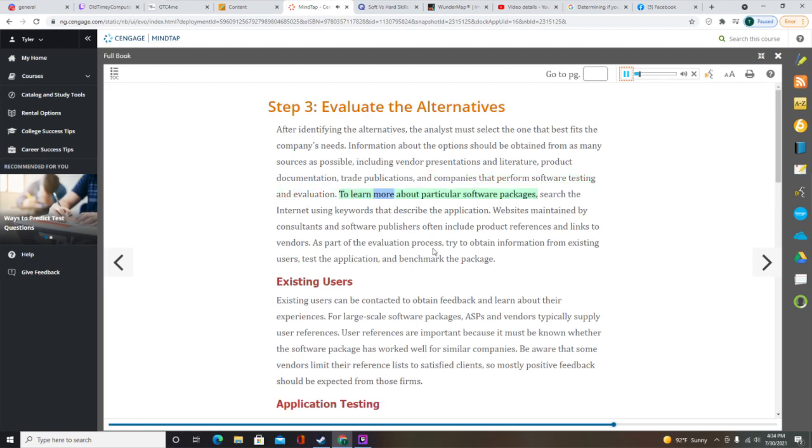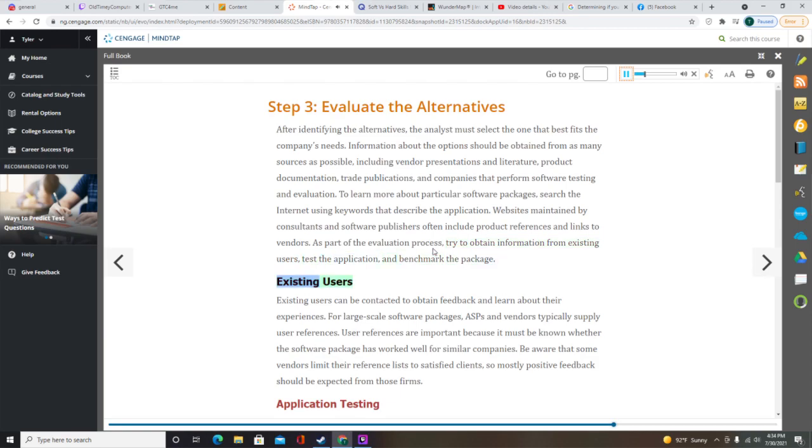To learn more about particular software packages, search the Internet using keywords that describe the application. Websites maintained by consultants and software publishers often include product references and links to vendors. As part of the evaluation process, try to obtain information from existing users, test the application, and benchmark the package.